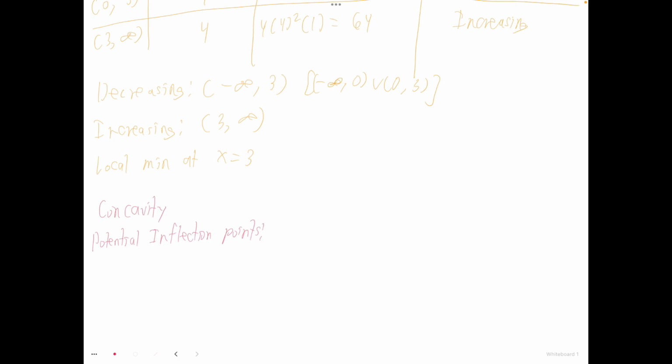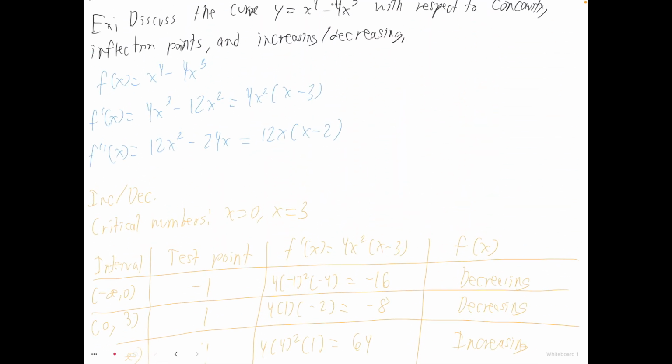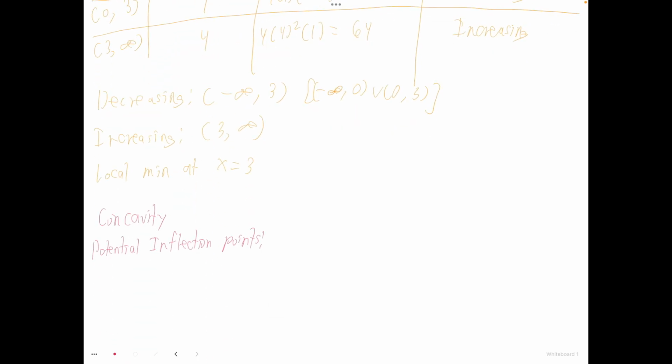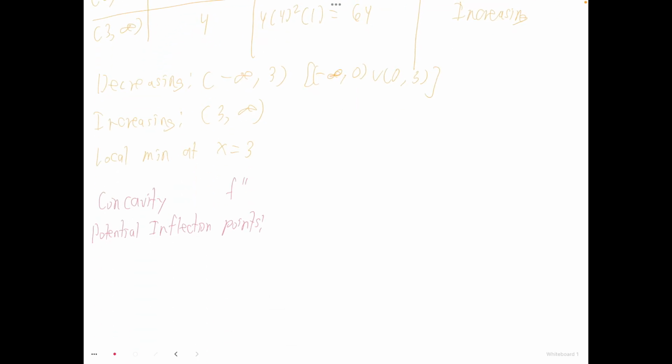They aren't necessarily inflection points, as we might not change concavity there. So looking at the second derivative, which I'm going to write down here just for ease, it's 12x times x minus 2. So our potential inflection points are when x equals 0 and when x equals 2.